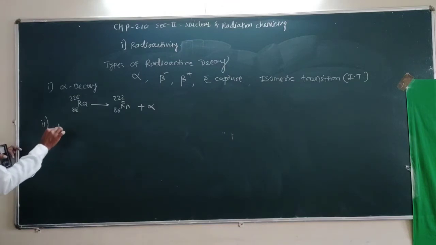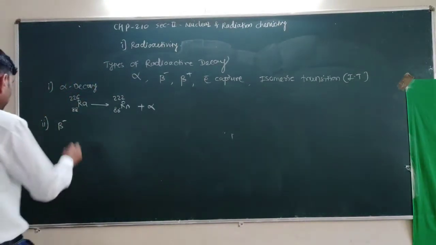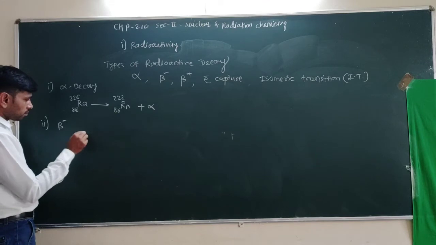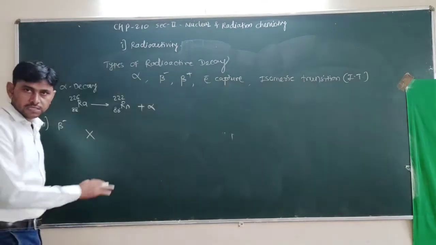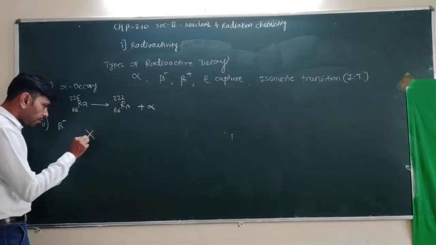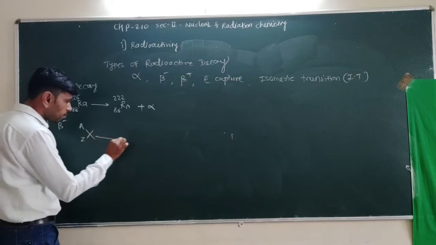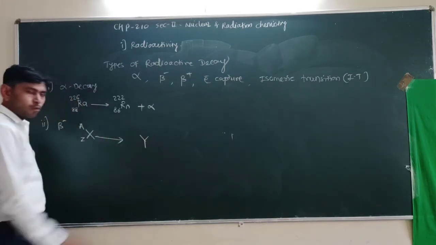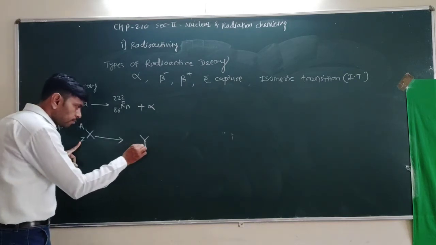Second, beta minus decay. What happens in beta minus decay? Suppose this is the parent element, with Z as the atomic number and A as the mass number, and it transforms into another element Y with Z plus 1.